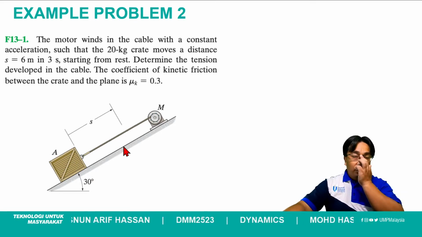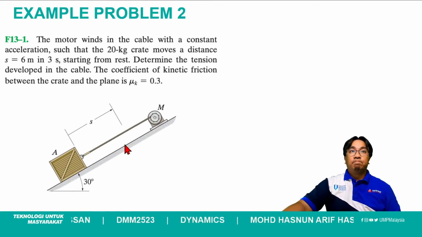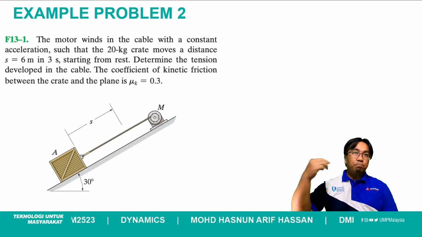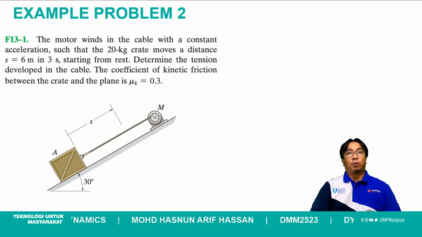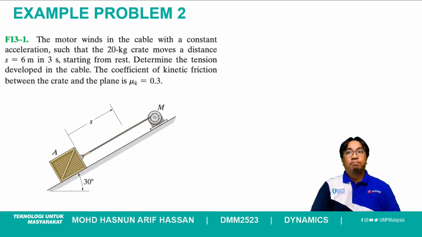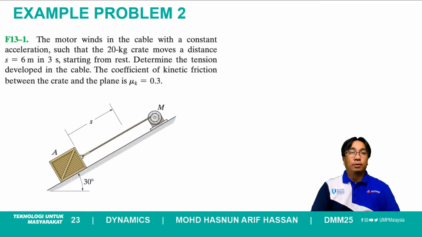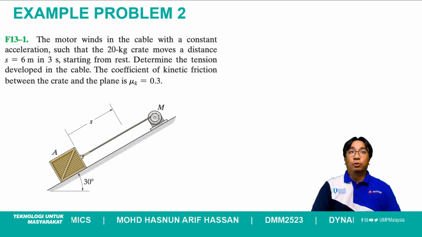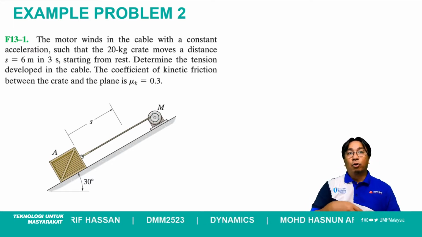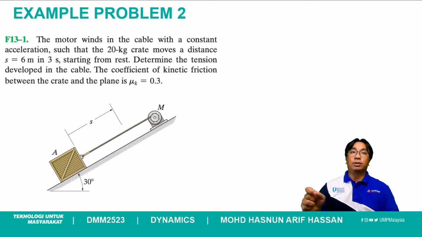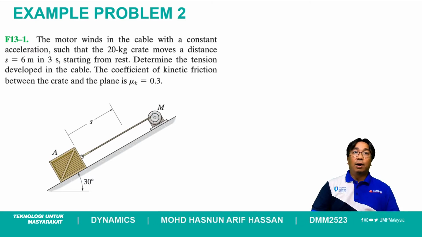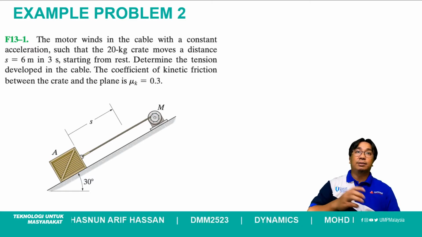So what is the first step? What is the first step to solve the problem? Coordinate system. So how are you going to define the coordinate system? Do you want to define it as a normal orientation, x positive to the right, y positive up? Or how do you think it is better to define the coordinate system in this case?